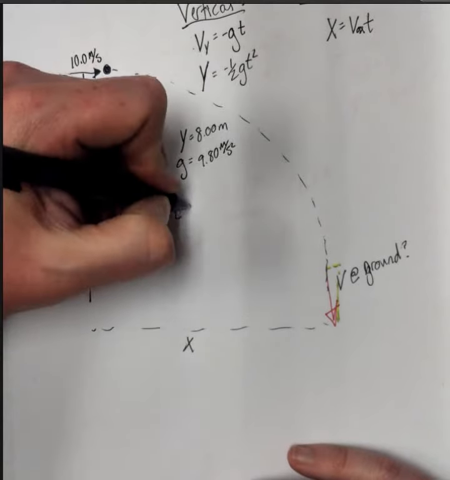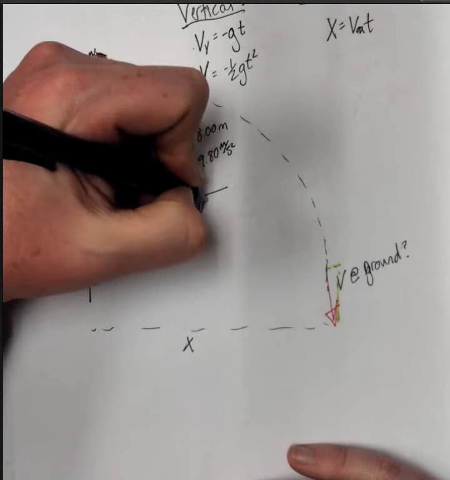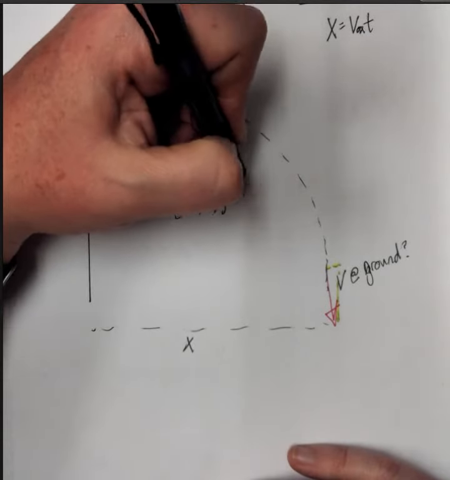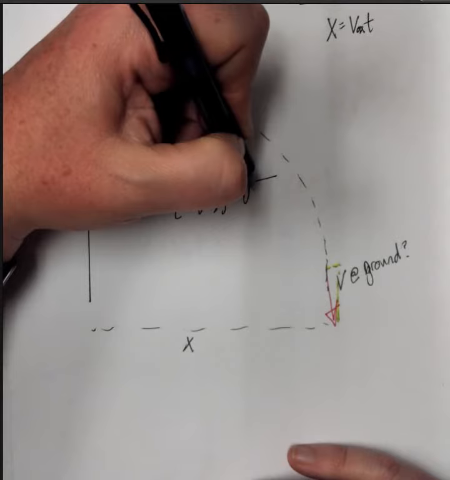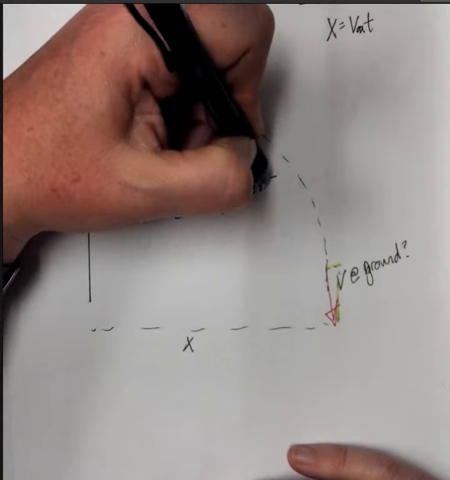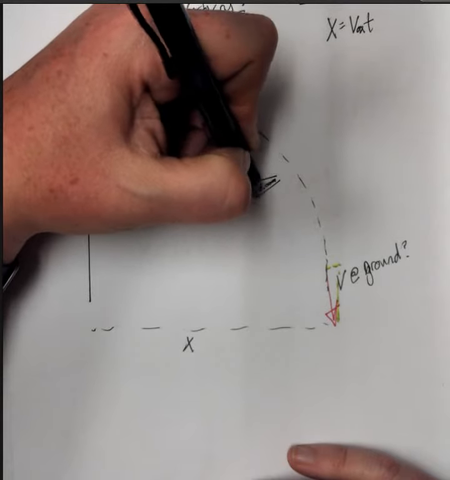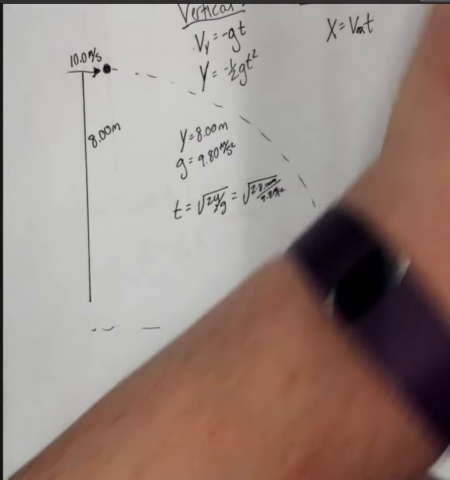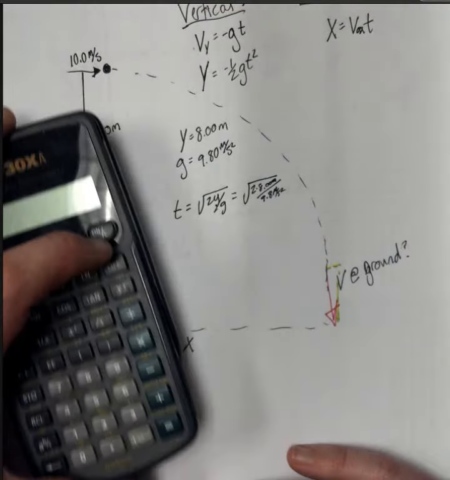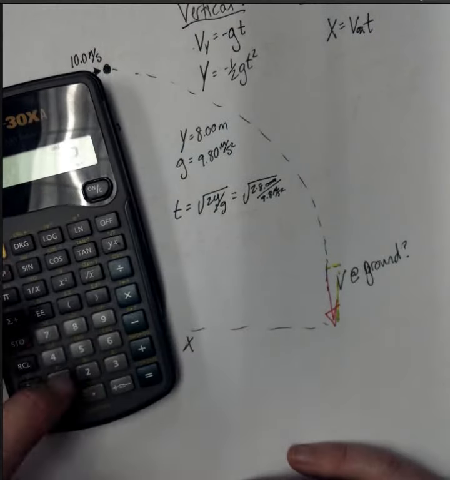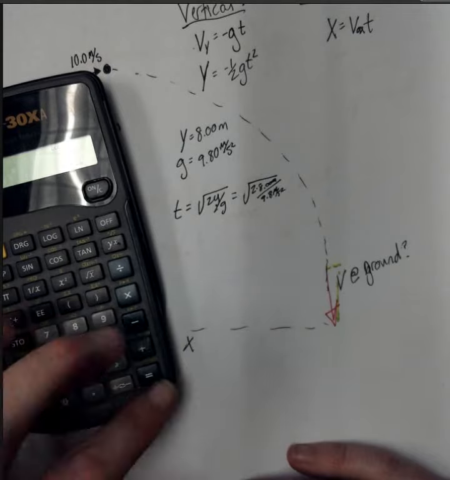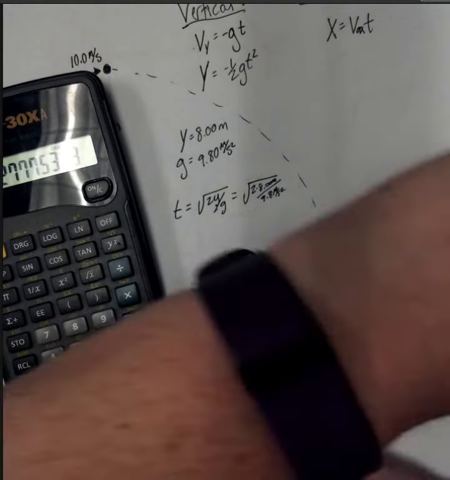Time is going to equal the square root of 2y over g, which is the square root of 2 times 8.00 divided by 9.8 meters per second squared. So this object fell for 1.2 seconds.